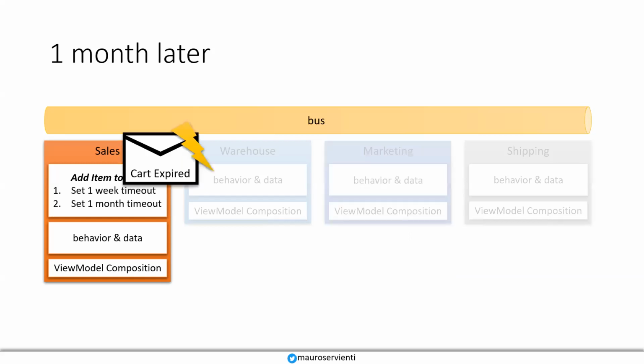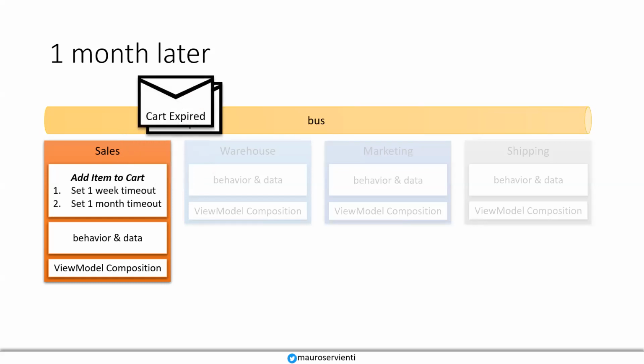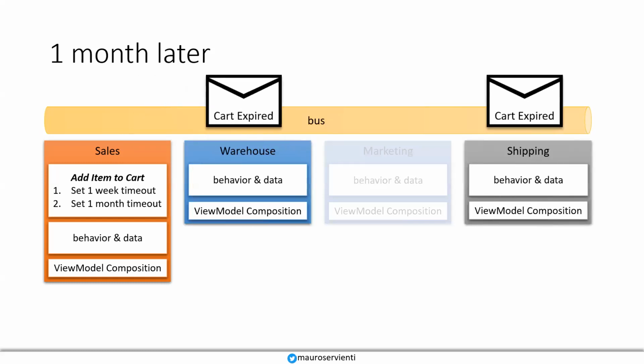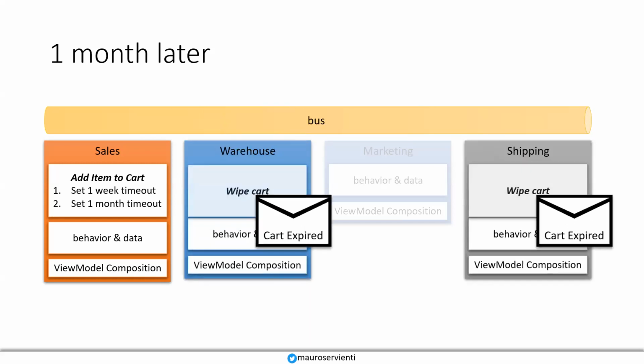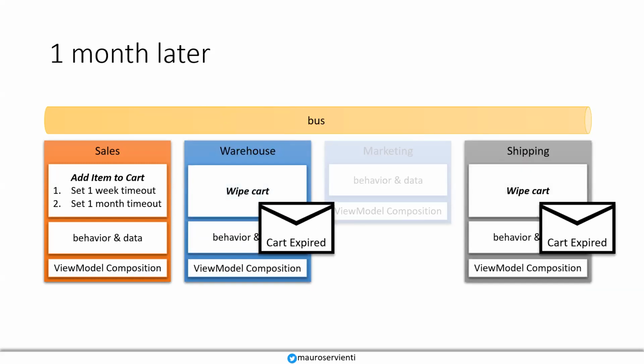And a month later, another message arrives, that is the second timeout, and sales publishes another event, the cart expired event, that is now interesting for two services, warehouse and shipping. They just handle the event and they wipe their view of the shopping cart.